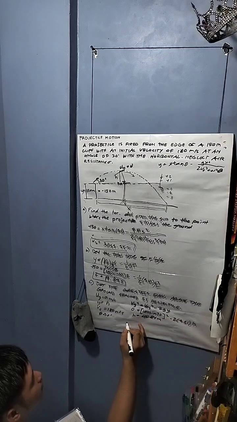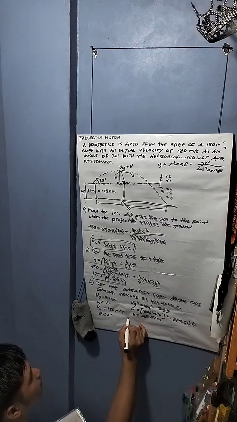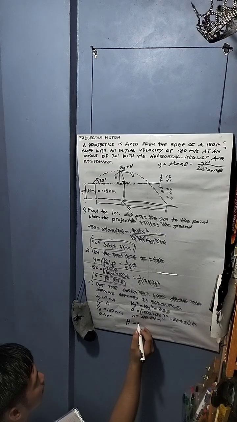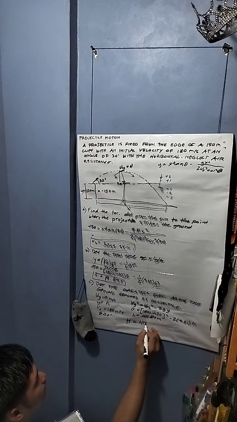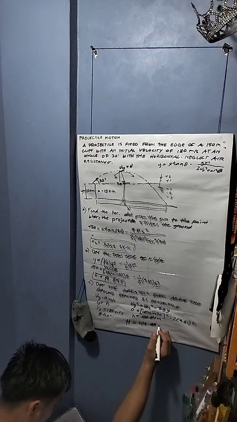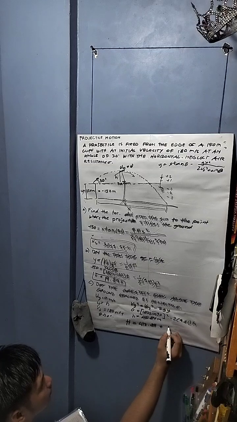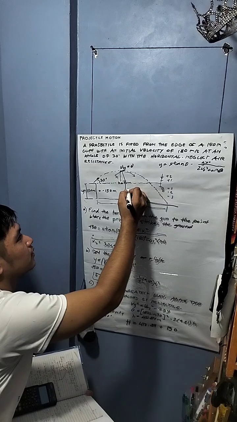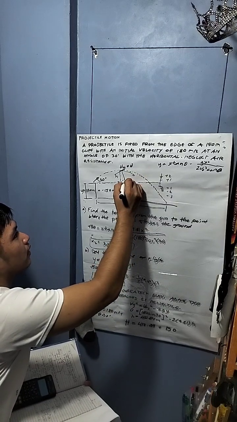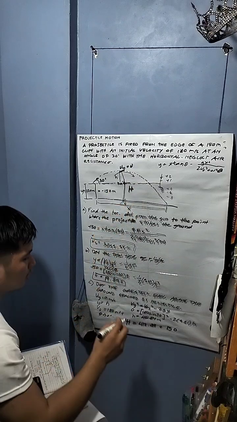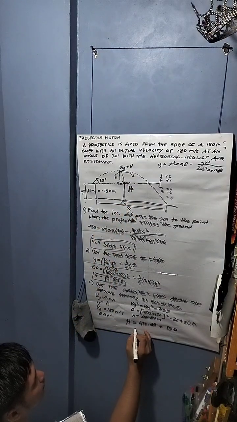Let's put it as big H. The highest height should be equal to 412.84 added to 150, so that we can find this height.